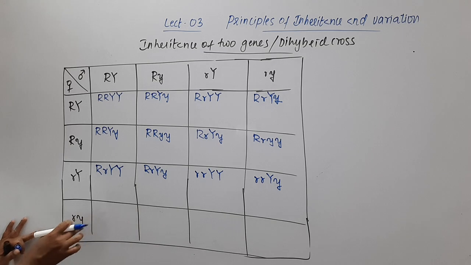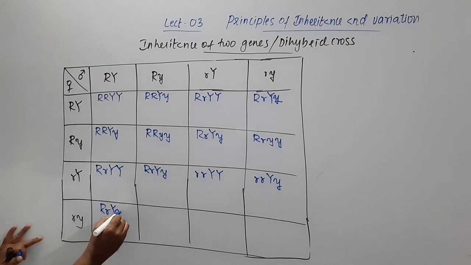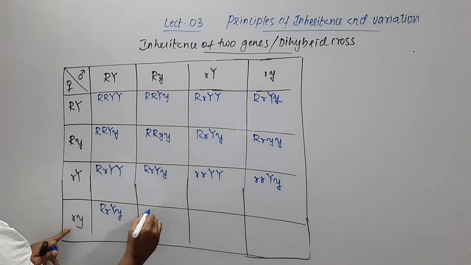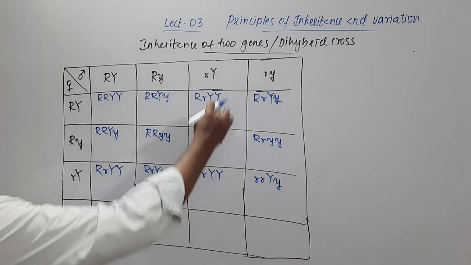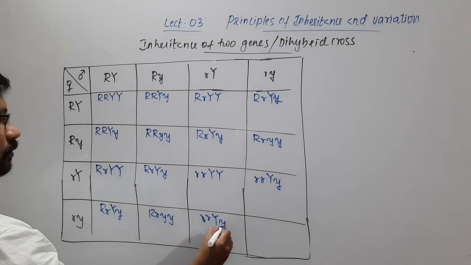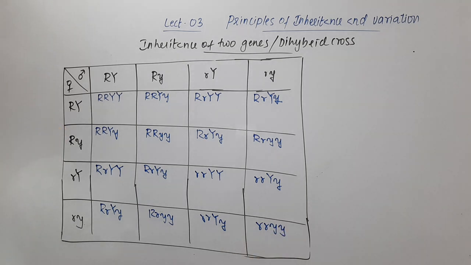So the last row, this one with this, capital R, capital Y, small y. Then the next one with this, capital R, small y, small y. And this and this, small r, capital Y, small y. And lastly, small y, small y. Right.